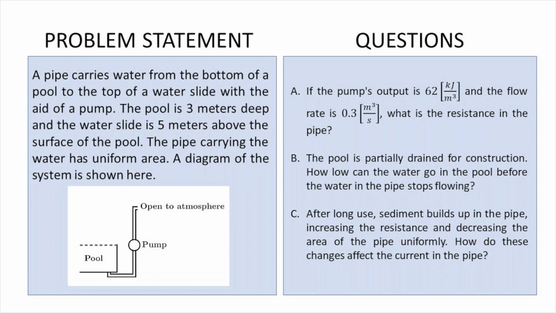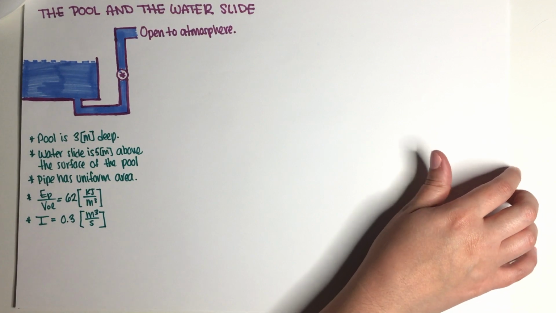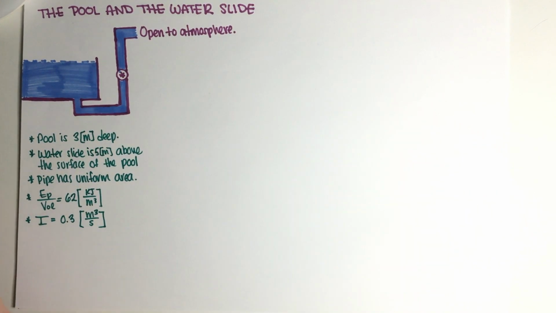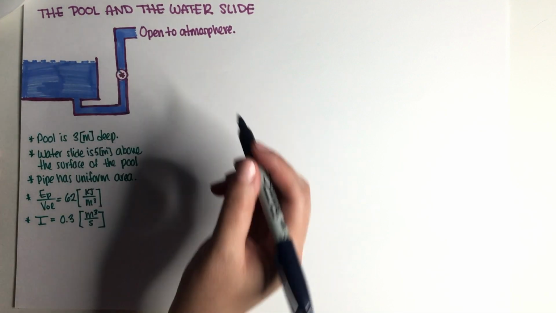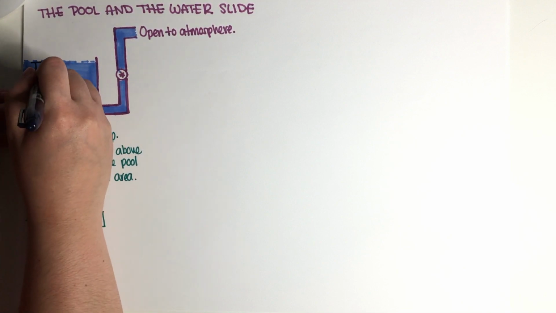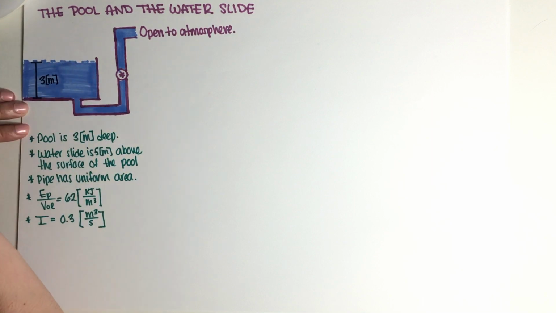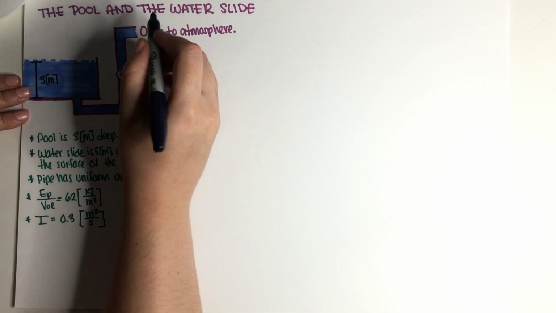As you can see, I have everything written down here. So we just need to figure out some distances by using the instructions. The instructions say that the pool is 3 meters deep, so this distance is 3 meters. And it also says that the water slide is 5 meters above the surface of the pool.